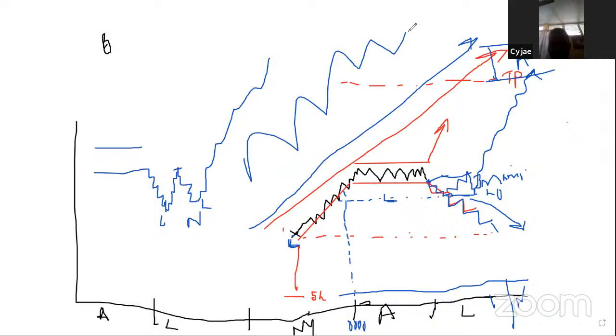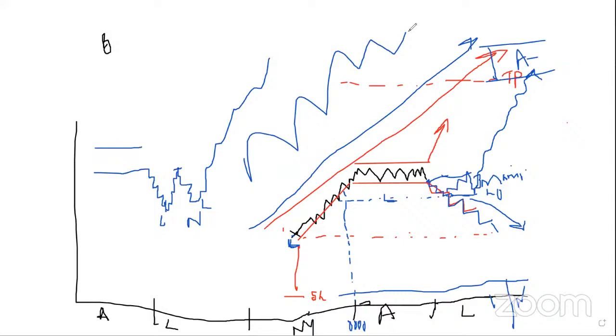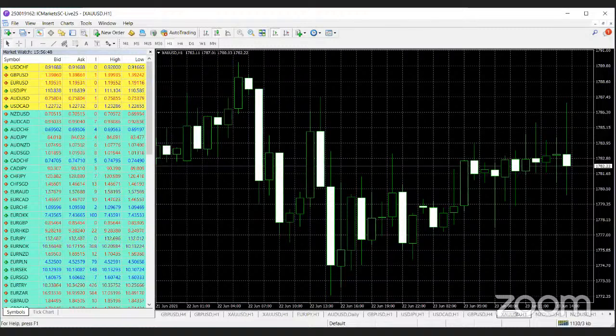Okay. I was getting some water. So we go to the chart. Yeah, I need to share this. So here we are. My gold, I've missed my gold. It's just me who has lost sound.